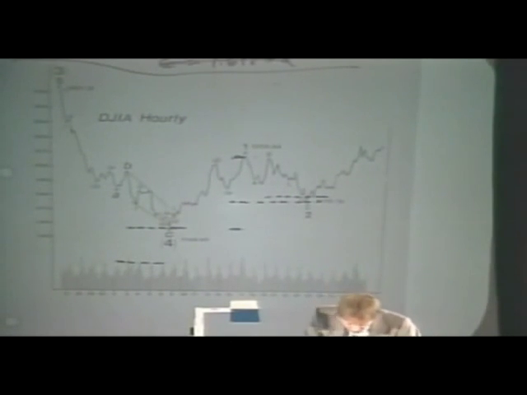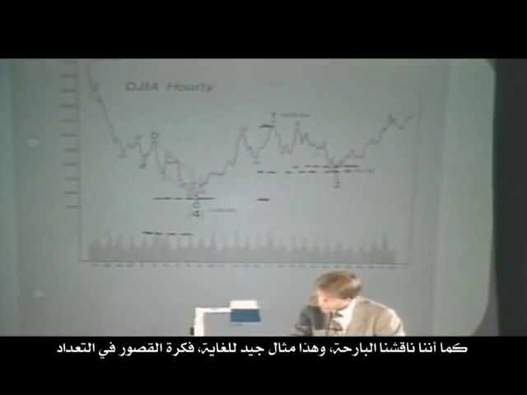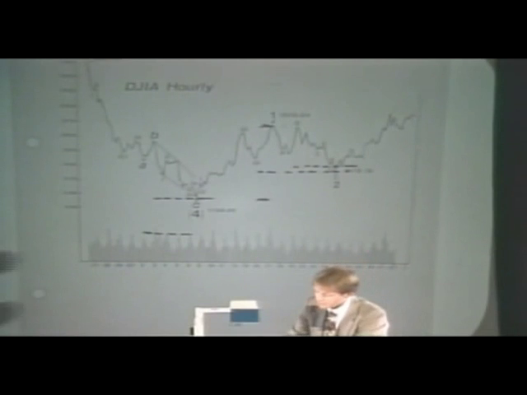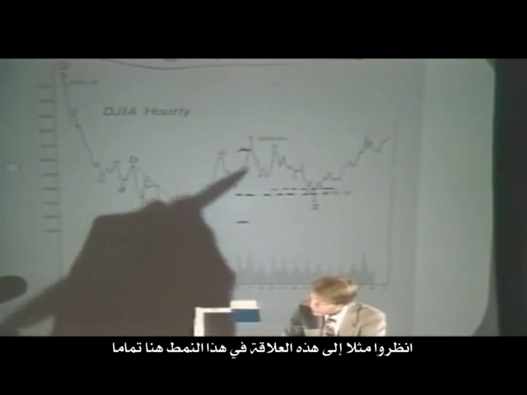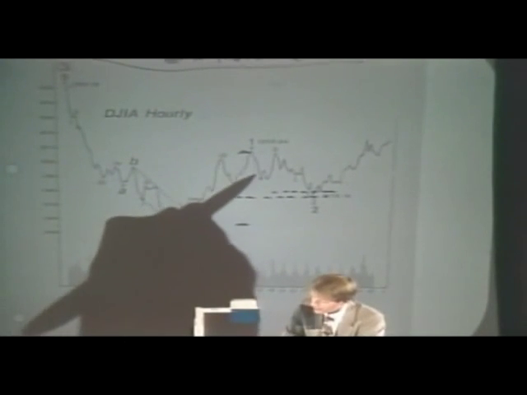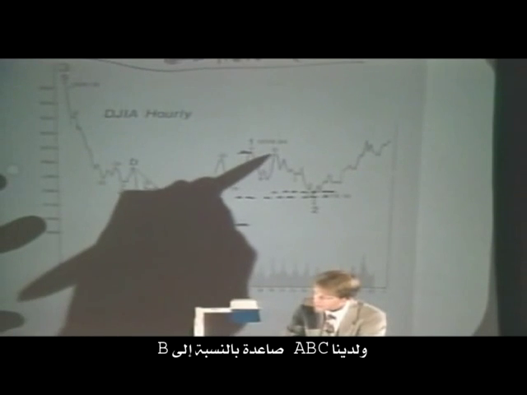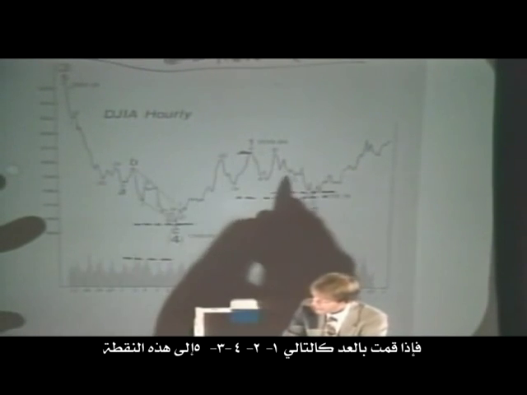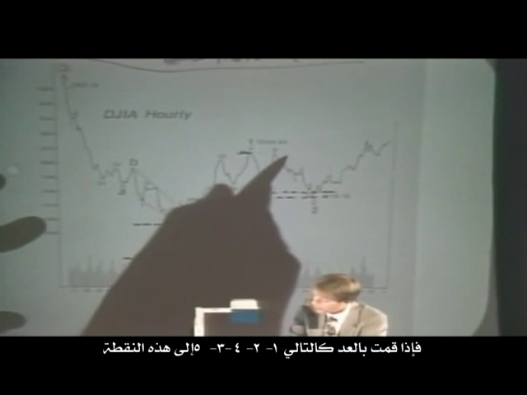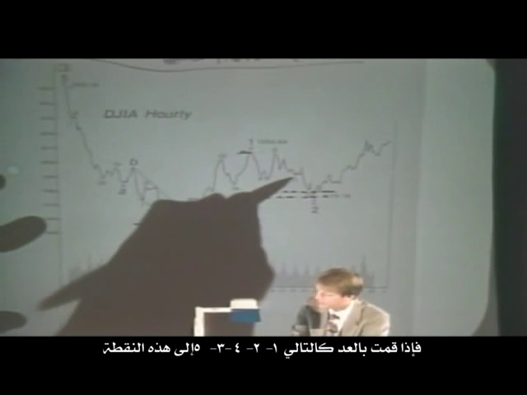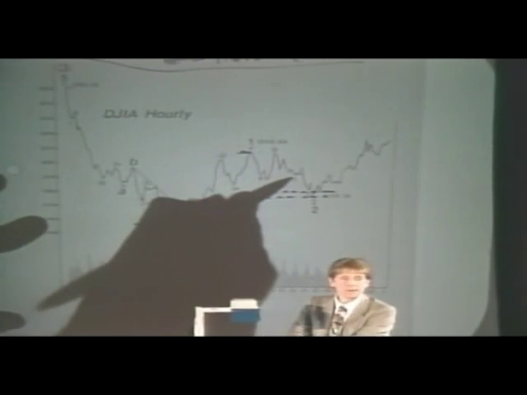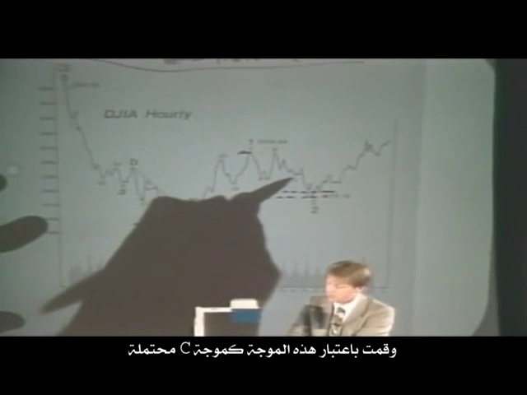Now, we also discussed yesterday, and this is a very good example, the idea of counting failures. Take a look at this pattern right here. You've got an A wave down, you've got an ABC up for B. If you count down as follows, you can go 1, 2, 3, 4, 5 to this point and count that as a C wave, potentially.